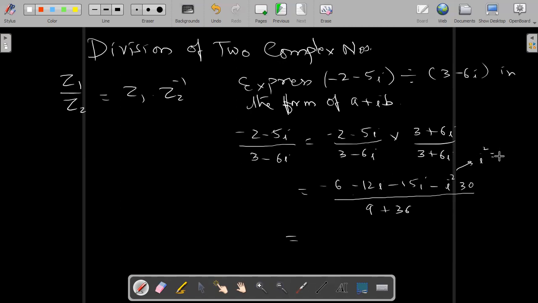Iota square will become minus 1, so minus minus plus 30. 30 minus 6 is 24, and minus 12 minus 15 is minus 27 iota, divided by 45.